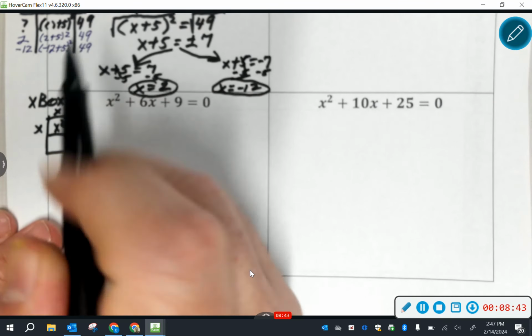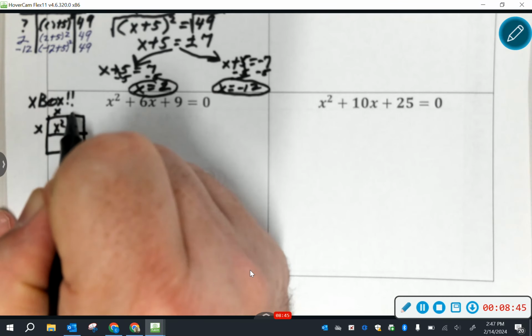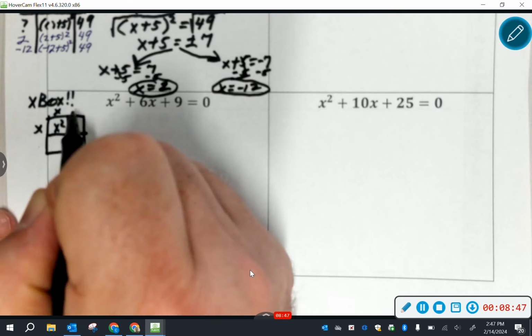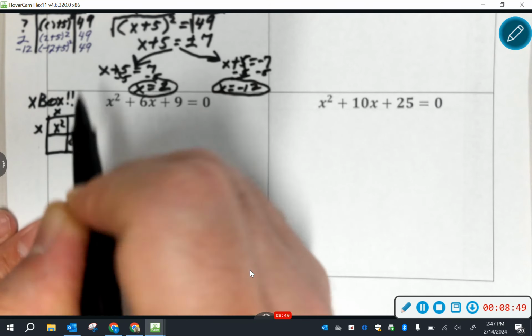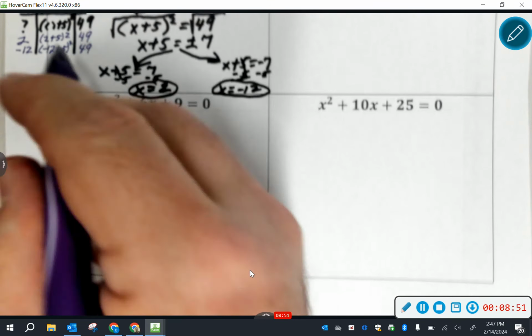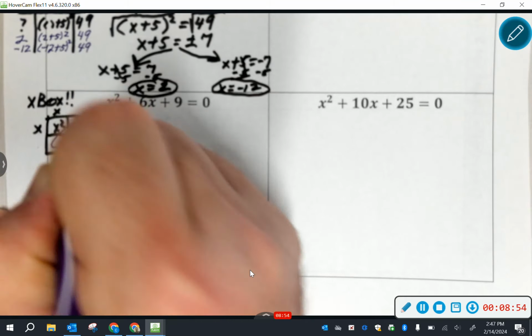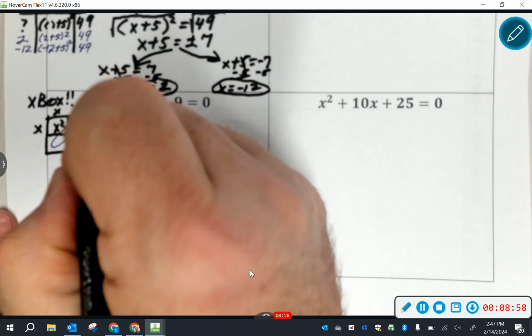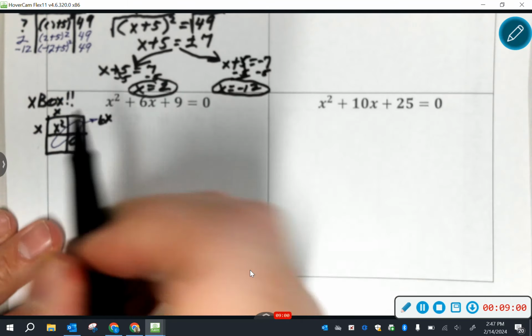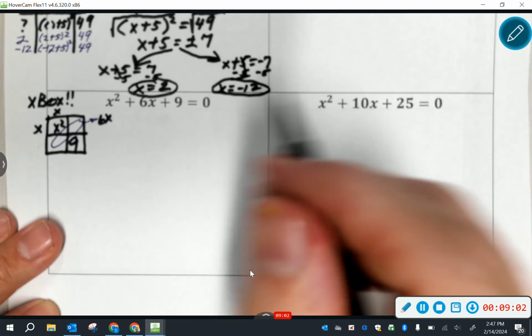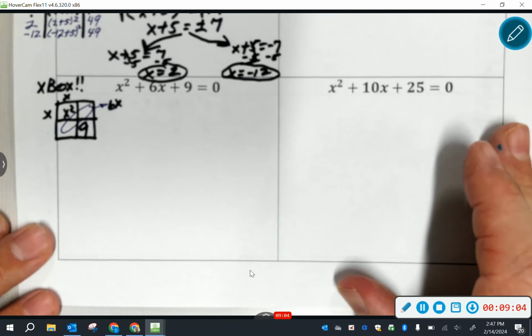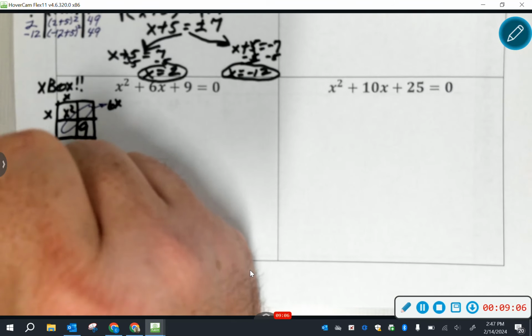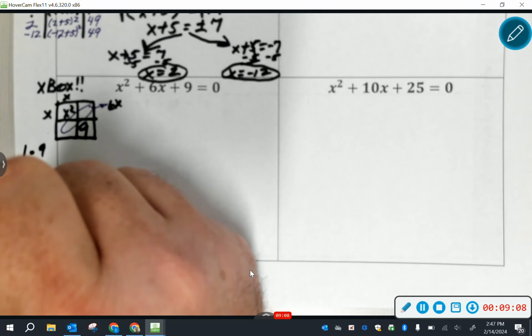So what two numbers will I get that I can put here and here that when I multiply will give me 9, but then when I add them up right here, they give me 6x. So your factors for 9 are going to be 1 times 9, and then just 3 times 3.